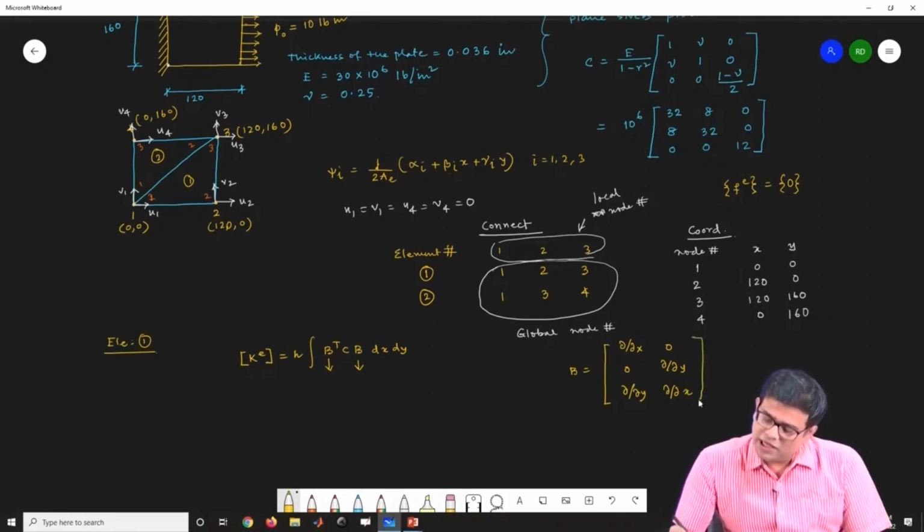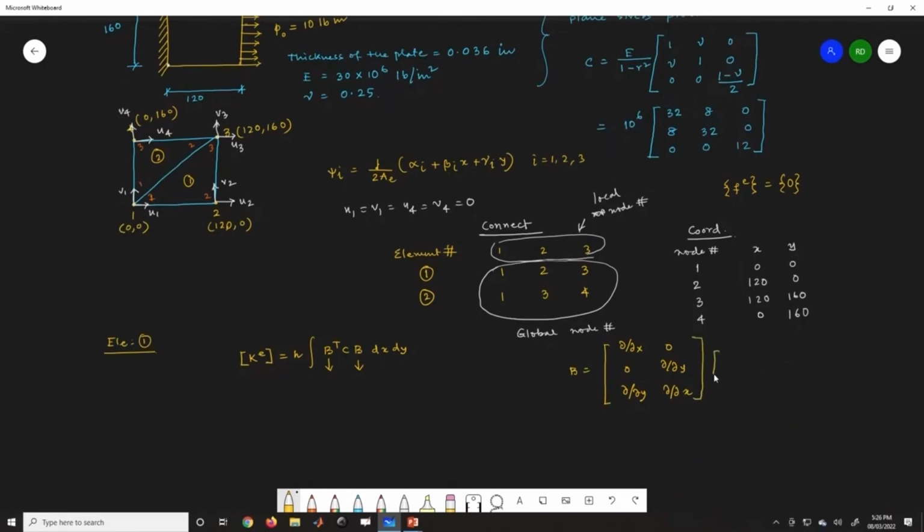So this is multiplied by your shape function matrix. So the shape function matrix is psi, and naturally my psi will be of this form: psi 1 0 psi 2 0 psi 3 0, and then 0 psi 1, 0 psi 2, 0 psi 3. How it has come, that also we have discussed.